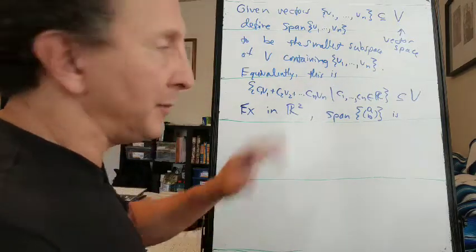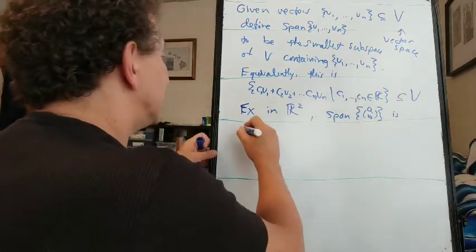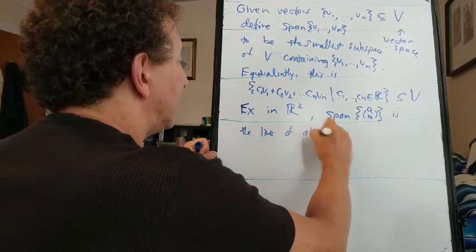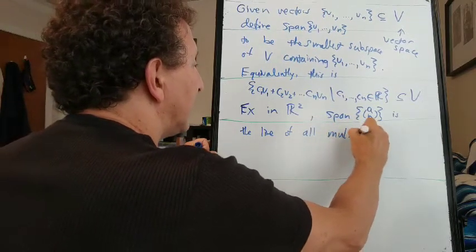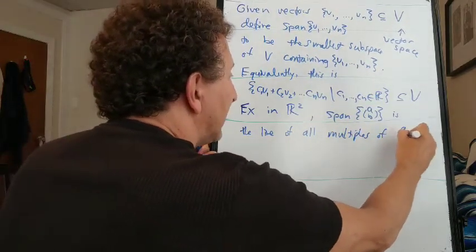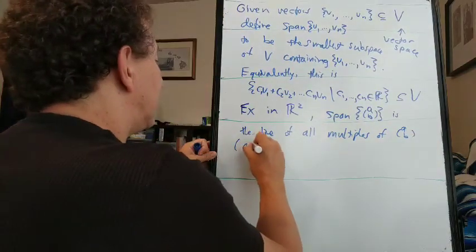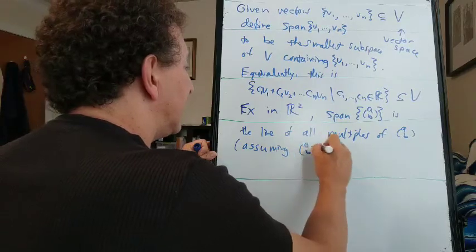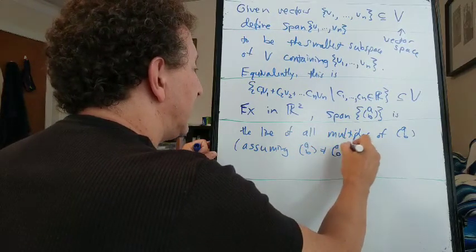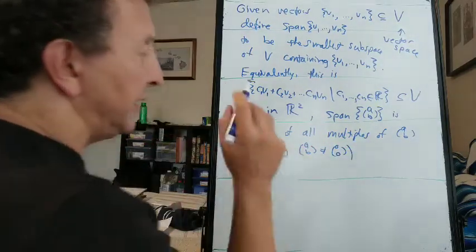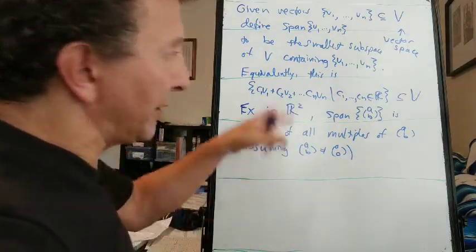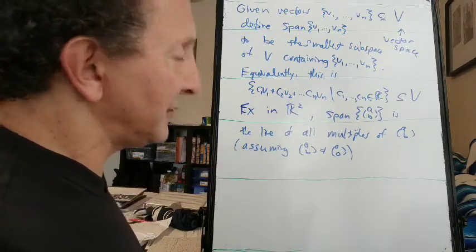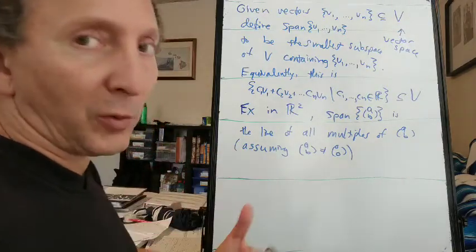It's a line assuming a and b are not both 0. If a and b are both 0, the span of the origin is just the origin. No matter what linear combinations you take of the origin, you just get the origin back again.